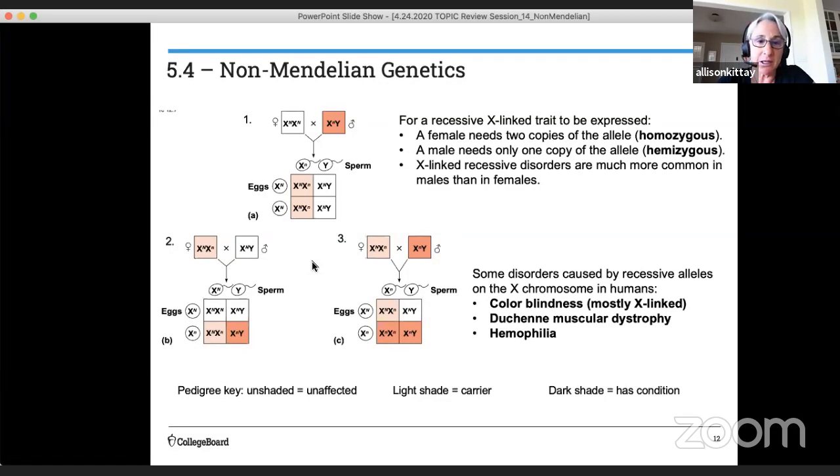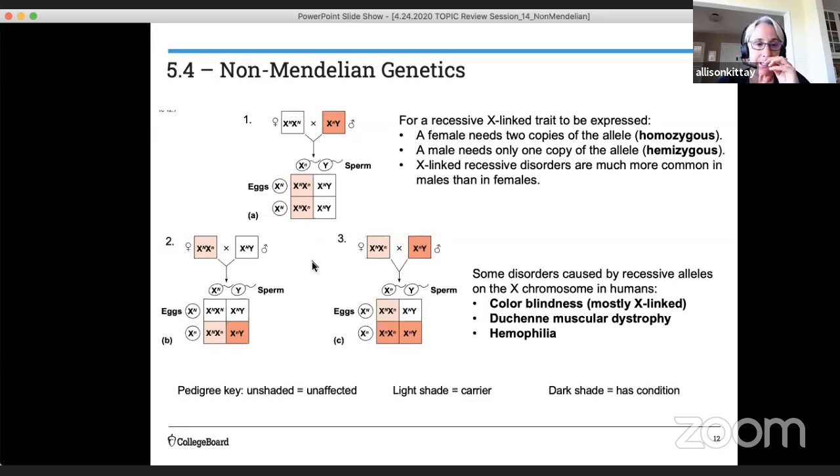Then as the male gametes are put across the top and the eggs along the side, and we combine those, we can see that all the XX females are going to be carriers. They're shaded lightly. That means they have 1 dominant allele and 1 recessive allele. And then we have the males, and since they only have 1 X chromosome, they got it from their mom, and they have the normal allele.